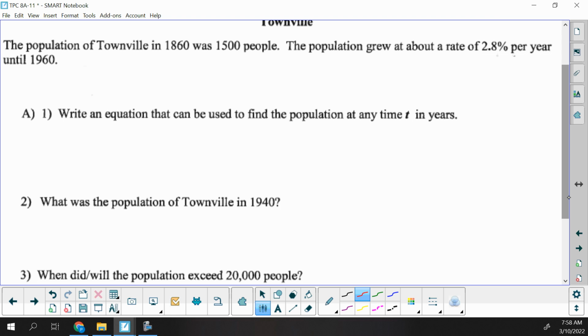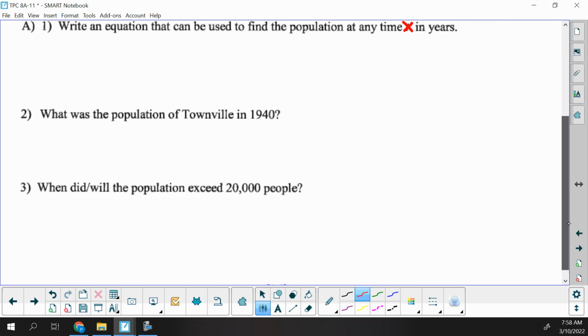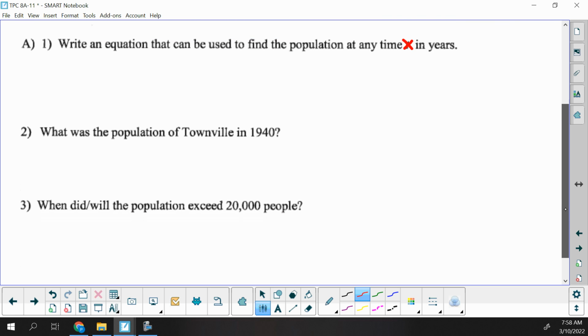We got to write the equation. Now let's make this t be x, just to be consistent with what we did a second ago. But you're going to write the equation. Make sure to tell what x and y represent using the model that we just did in the last one. Then you got to find what the population is in 1940, and during what year did the population exceed 20,000.